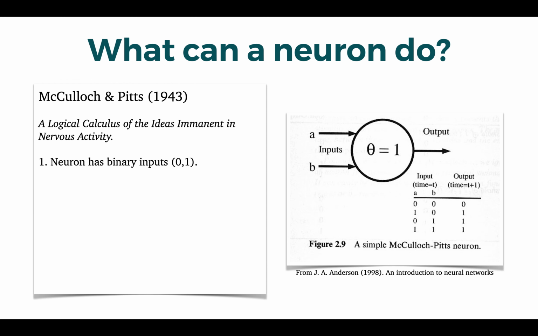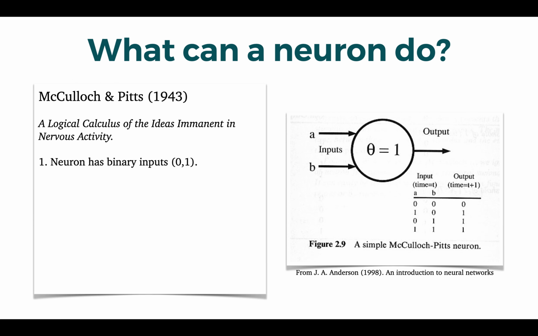Okay, the first assumption was this: a neuron has binary inputs. So what they're saying is that A and B can either be 0 or 1. Okay, so there's our first notation.